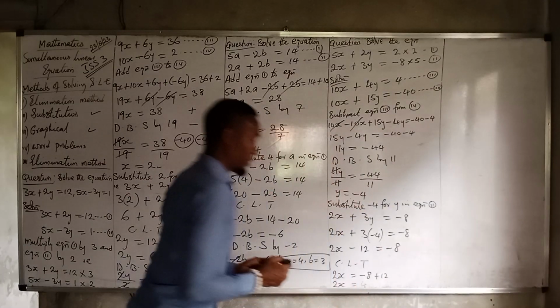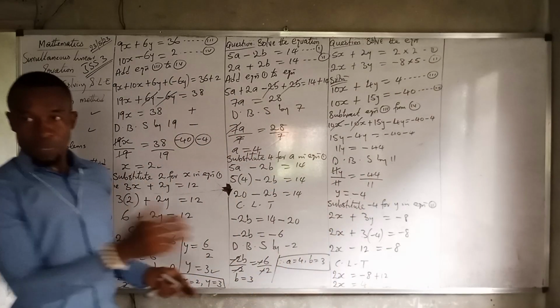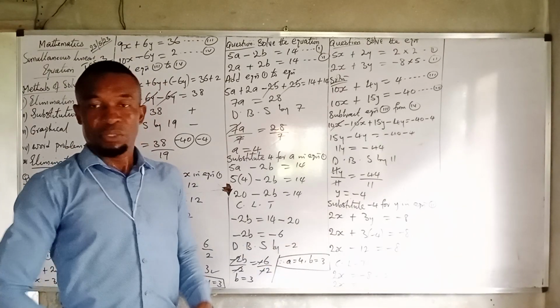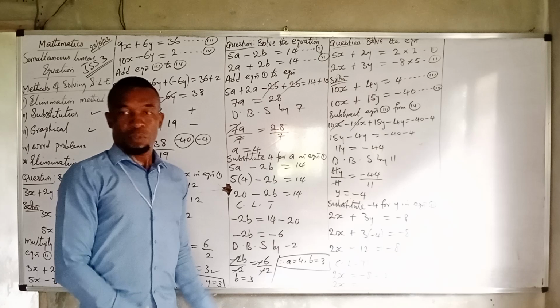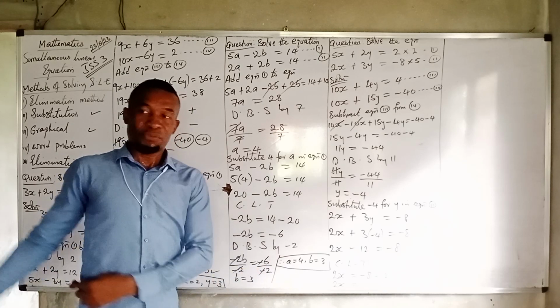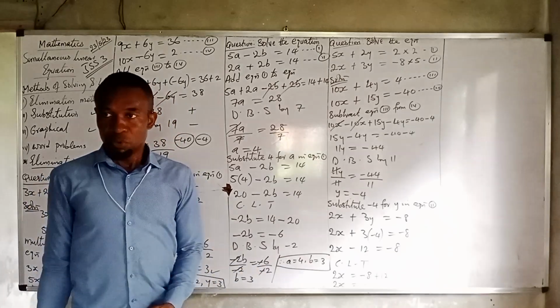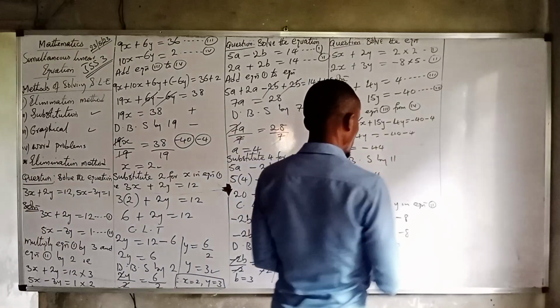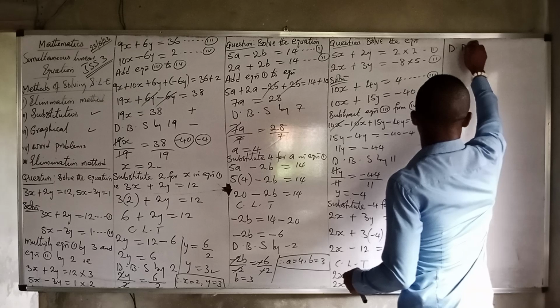Minus 8 plus 12 means taking 8 out of 12, and how much do you have? It's 4.